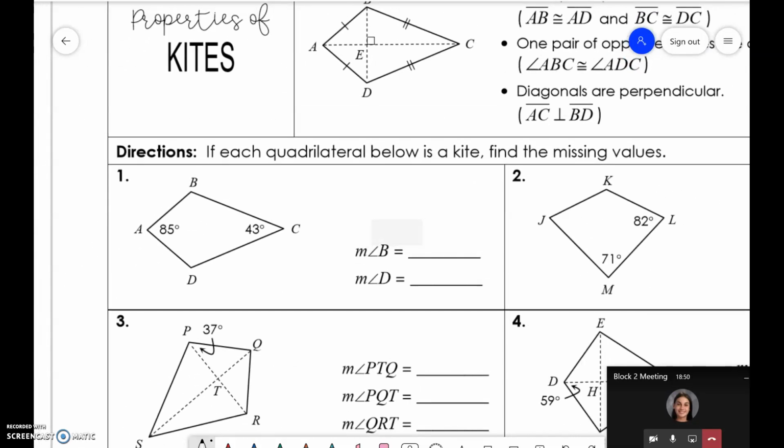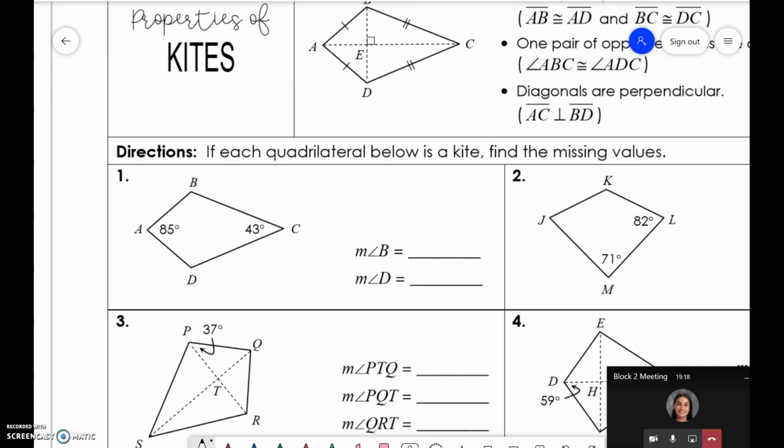Okay. So in each quadrilateral below, it's a kite. We're going to find the missing angles for number 1. If you remember back to the very first lesson of this unit, we found the interior sum of a quadrilateral is 360. So the interior sum of a kite is 360 degrees.